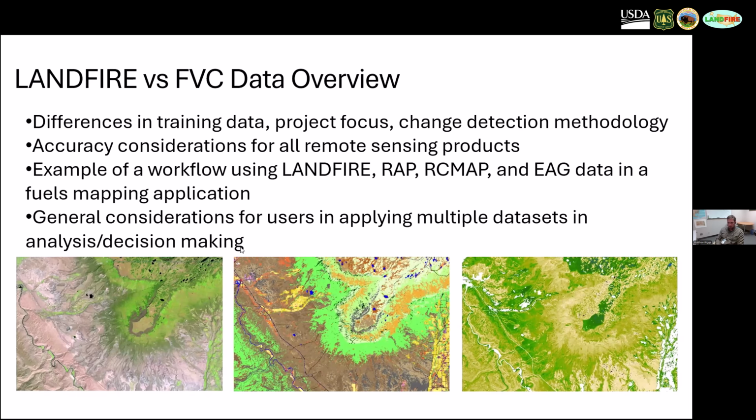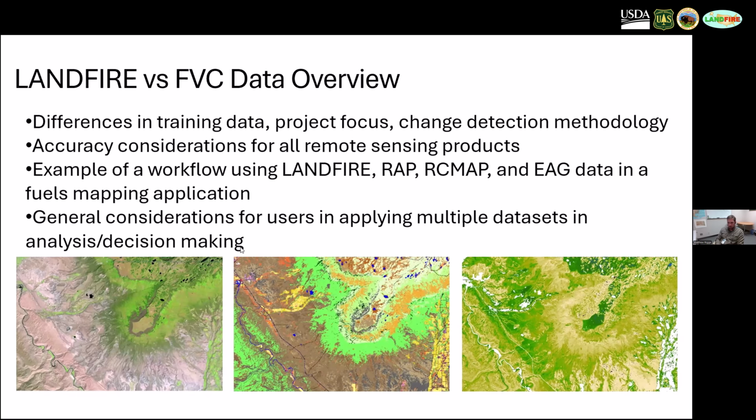RCMAP and RAP are, on the other hand, explicitly time series focused products. We have less of a focus on fire applications. Definitely that's a critical use of the data, but I think we have a more generic focus for the products.